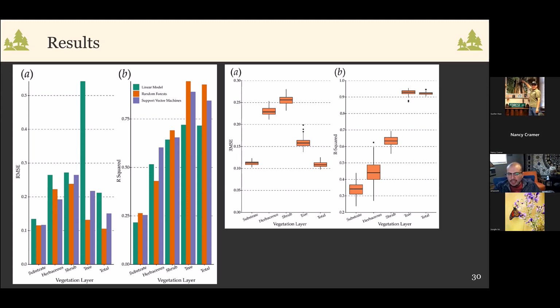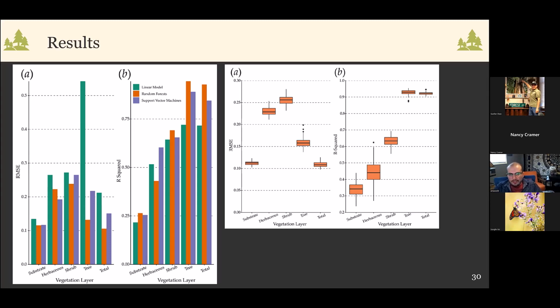And it did a pretty poor job at estimating burn severity for the herbaceous layer or the substrate layer. Since this was looking at the three-dimensional structure of the point cloud as the primary input space, it makes sense that herbaceous and substrate layers would not be well predicted, whereas the more vertically dispersed layers, the shrubs and trees, would be predicted better.